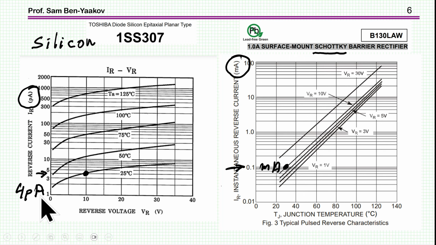If you look at the reverse current magnitude, where the scale here is in picoamps, at 10 volts we have only 4 picoamps, while here at 10 volts, also 25 degrees, we have 0.1 milliamp. Well, it's a couple of orders of magnitude larger. Again, I've chosen a diode which has a low reverse current, but the point is that you cannot get such reverse current with a Schottky diode.